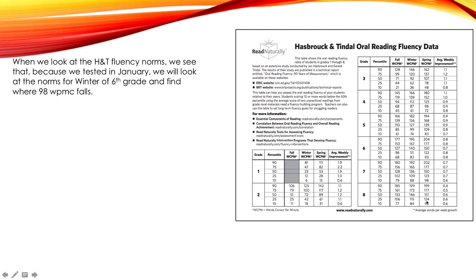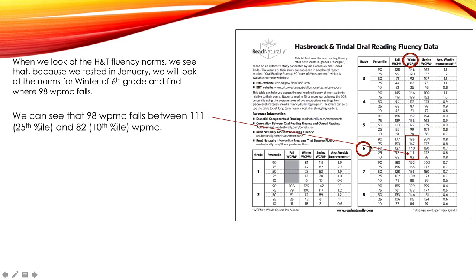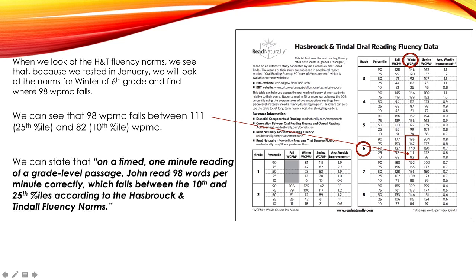Okay, so when we look at the fluency norm chart, as I said, we are going to use winter of 6th grade because he's a 6th grader, and 98 words per minute correct falls in between these two scores, which is between the 25th percentile and the 10th percentile.